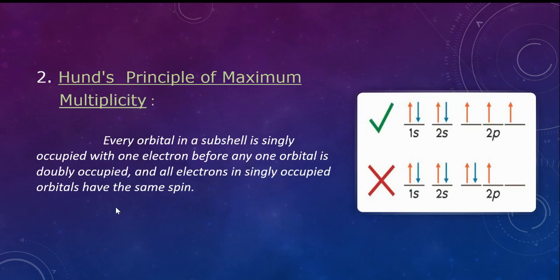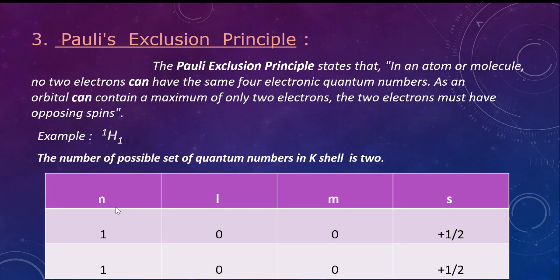Now Hund's principle of maximum multiplicity says about the pairing up of the electrons. It says that the pairing of the electrons in degenerate orbitals takes place only when all the orbitals are filled with a single electron. Now we'll move to the next slide.